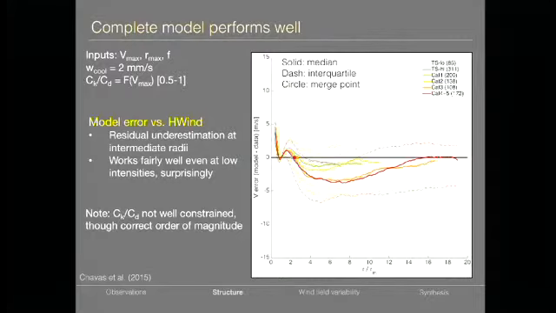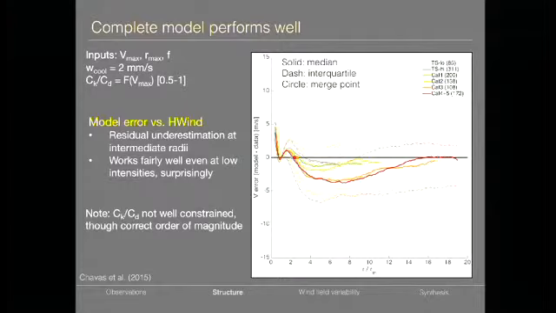It's the model wind speed minus the data. The solid lines are the median, the dashed lines are the interquartile range, and the characteristic merge points are shown at the circles.